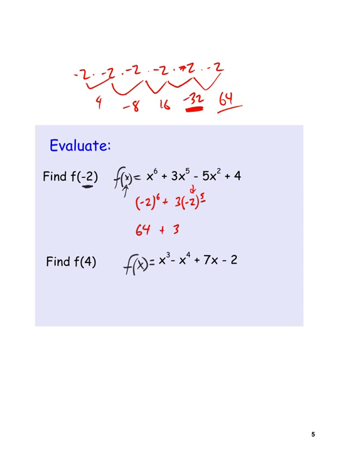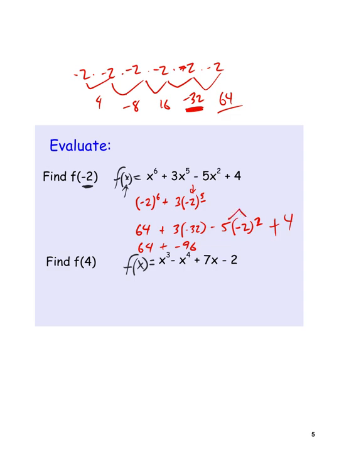So this ends up actually being +3 times -32 there. And again, parentheses and exponents come first when we're talking about order of operations. -5, and then -2 squared, which is just 4, and then +4. So we've got 64 plus a negative, or minus 96.